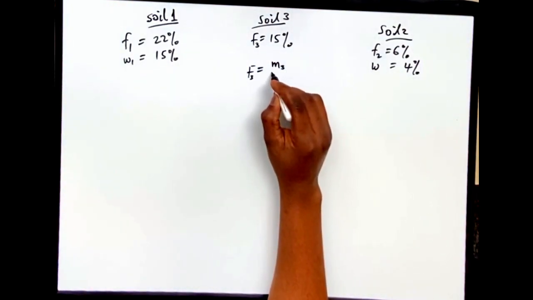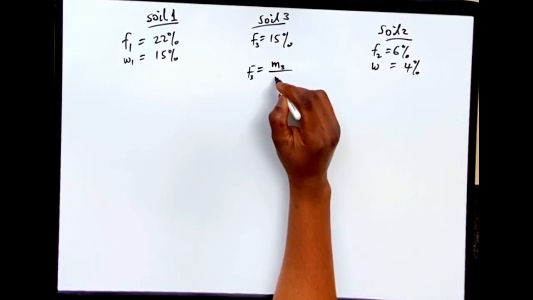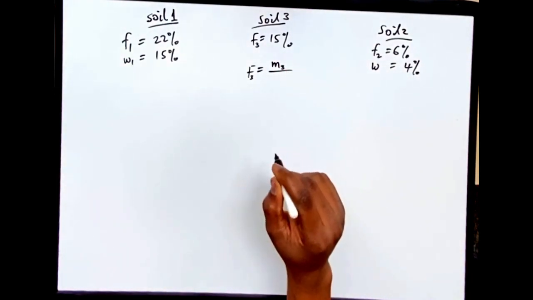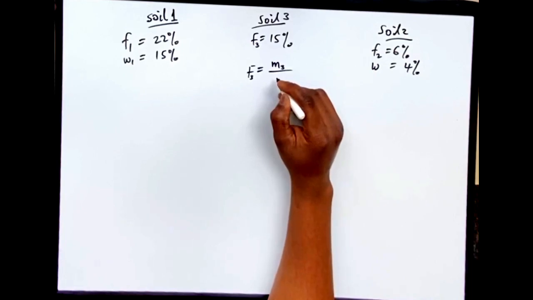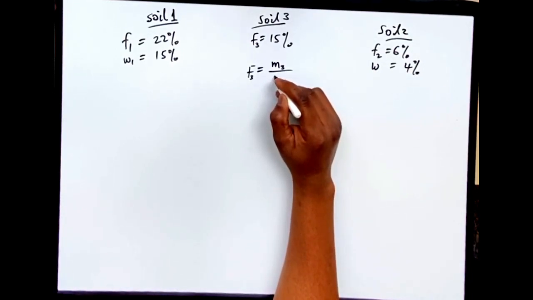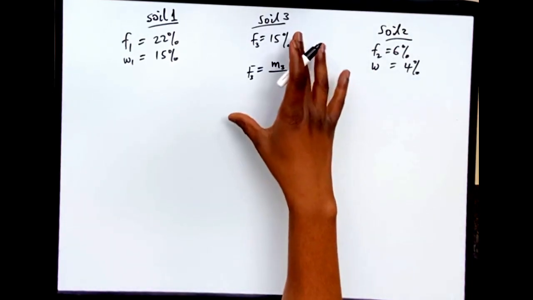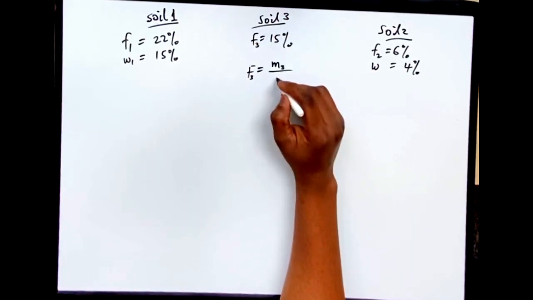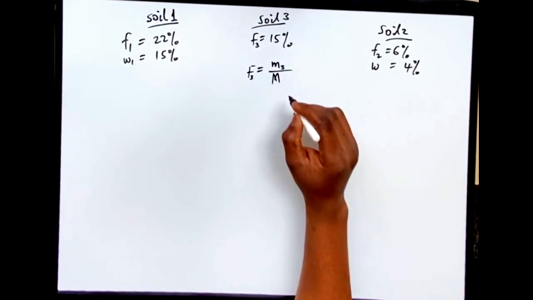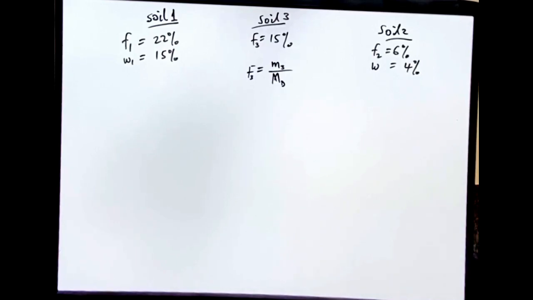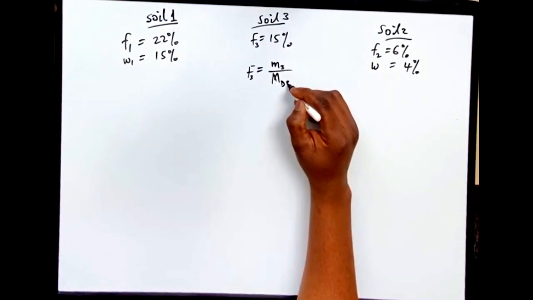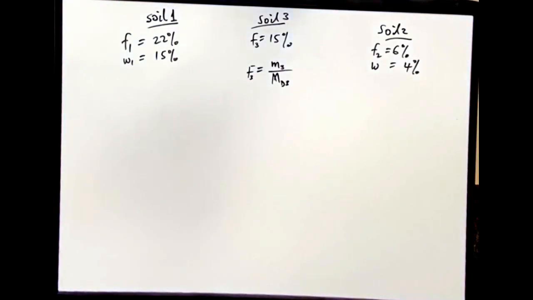So over the dry weight, remember fines percent is over the dry weight and not over the total weight. But since it's the dry weight of the entire soil sample, I'm going to give it uppercase M dry. And then this is for soil 3. So that, right?